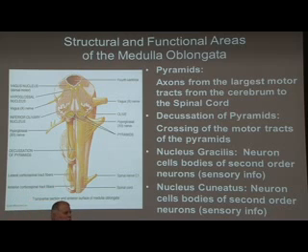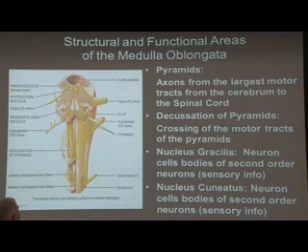Our motor cortex is on our frontal lobe that we talked about yesterday. Any signals that you want to send from your brain to skeletal muscle to accomplish a task has to pass through the medulla as well. So the medulla is a critically important conduit for flow of impulses toward the brain and away from the brain.